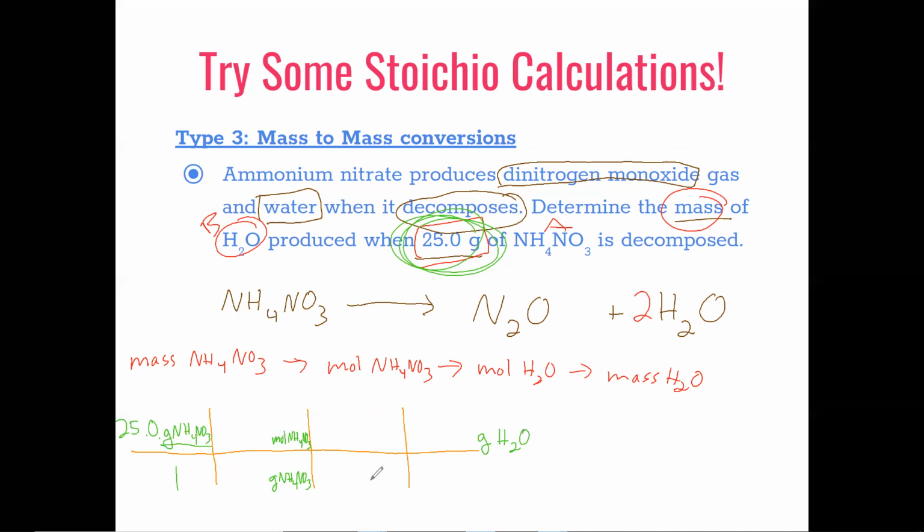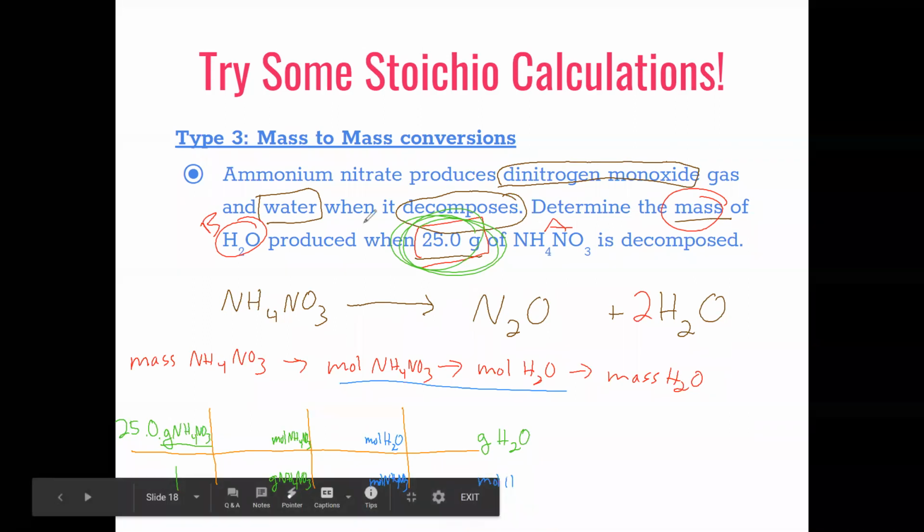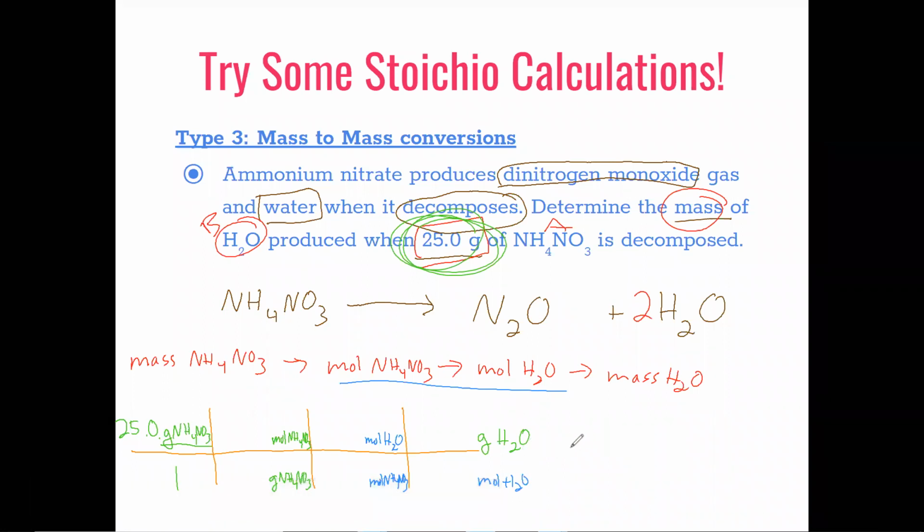So our moles of NH4NO3 is going to go on the bottom. Moles of water is going to go on the top. So that was this conversion right here. And then lastly, we're going from moles of water to grams of water. So if we want to get rid of moles, moles needs to go down there. And we already wrote in grams of water on the top.